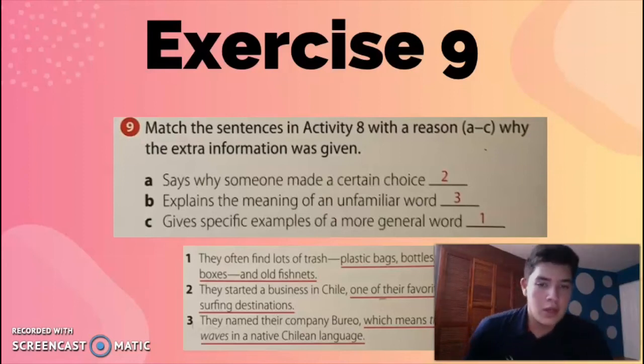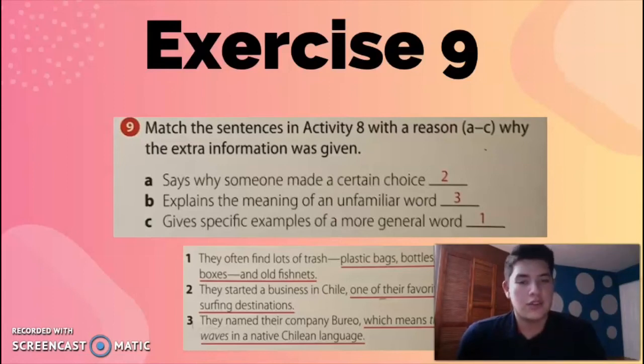Now, we are familiar with a lot of words, but not this one because this is a native Chilean language. So Burio is an unfamiliar word, and they explain what it means, so that will be letter B. They named their company Burio, which means the waves, in a native Chilean language.